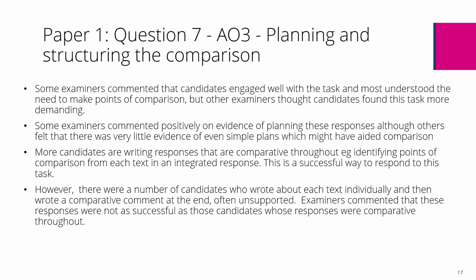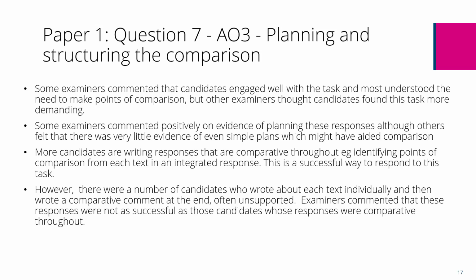So question 7 in the June 2024 question paper was this: refer to both text 1 and text 2 to answer the following questions. Compare how the writers of text 1 and text 2 present their ideas and perspectives about climate change.